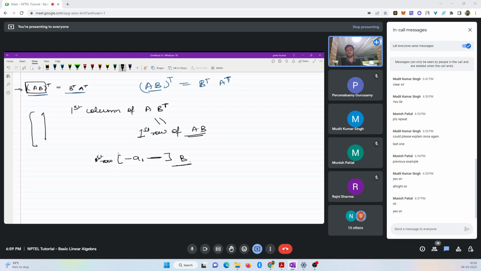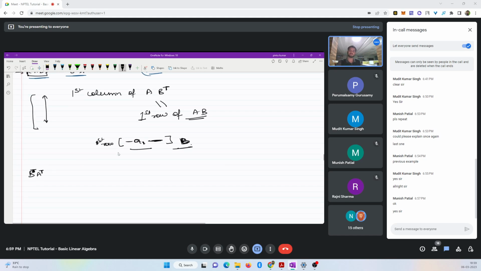So the first column of this is the first row of A multiplied by B. Now let's come the other way around. We reached the conclusion that this is the first row of A multiplied by the complete B matrix. Now let's look at B transpose into A transpose.